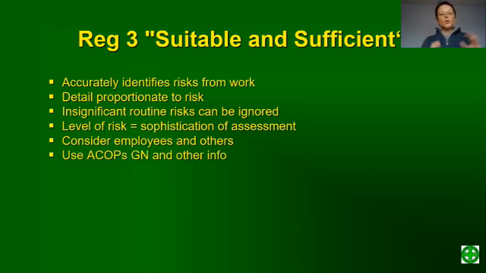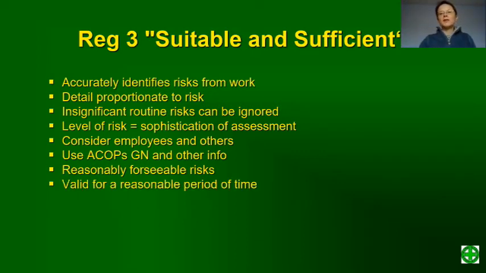We need to make sure that we use approved codes of practice and guidance notes and other information when we're doing our suitable and sufficient assessment to make sure we've covered all of the key issues. We have a duty to ensure that we identify reasonably foreseeable risks. There are sometimes risks out there that we just genuinely couldn't foresee, but what ones are foreseeable? If we've already had some accidents, that means that risk is foreseeable.